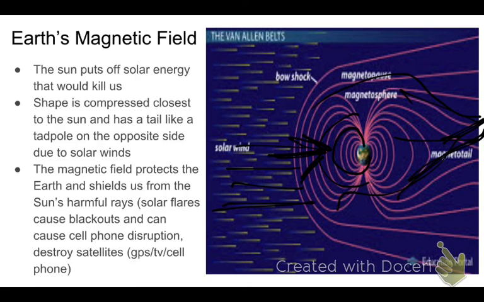And so why is solar wind so bad? Well, it can cause blackouts, it causes cell phone disruption, it destroys satellites, GPS, TV, cell phone. So without our Earth's magnetic field, we would not be very happy without all of our electronics and being able to figure out where we are on Earth and where we're going.